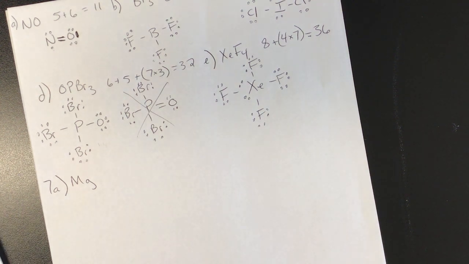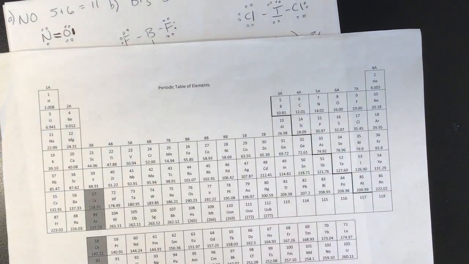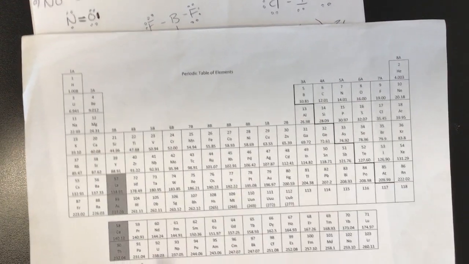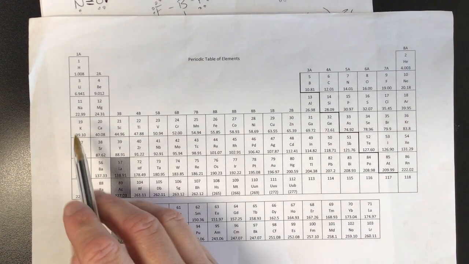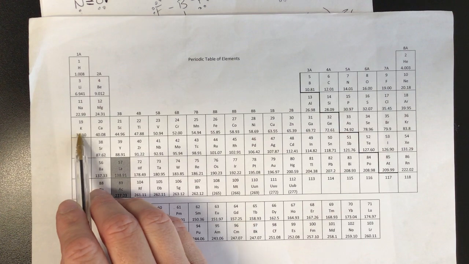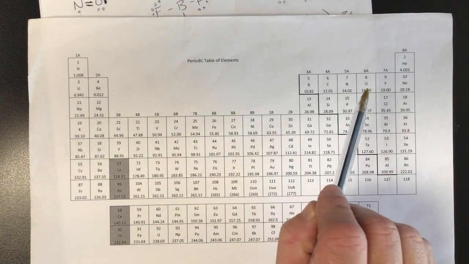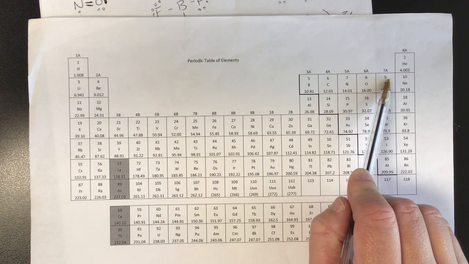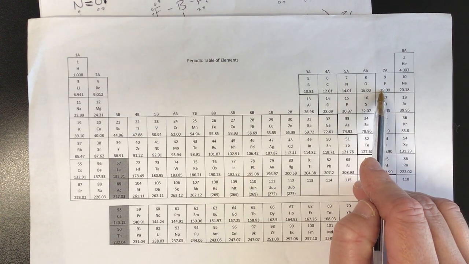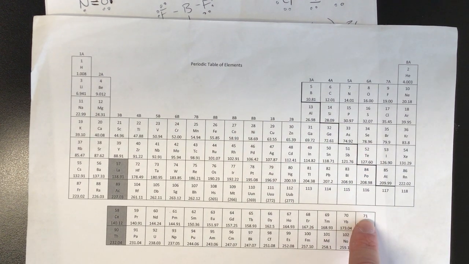Let's see here. We had sodium, magnesium, potassium, and calcium. So remember, fluorine has the highest electronegativity, so electronegativity increases going across the period to the right and decreases coming down.